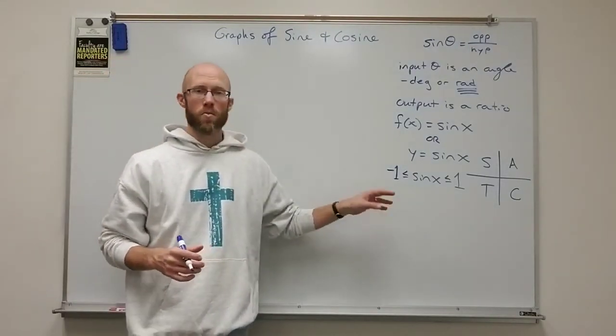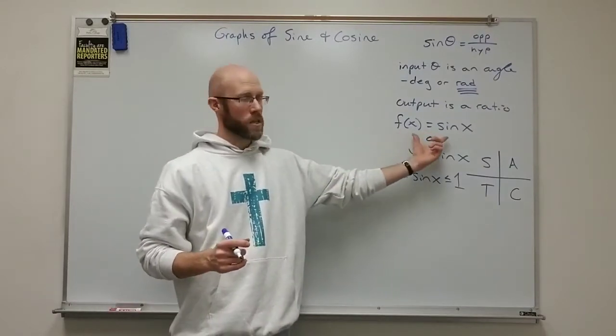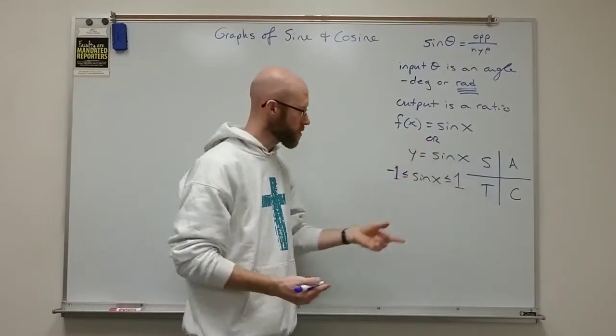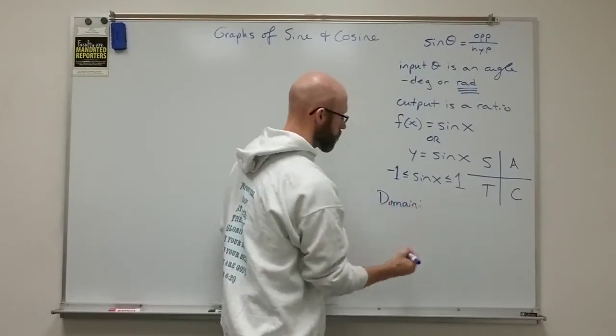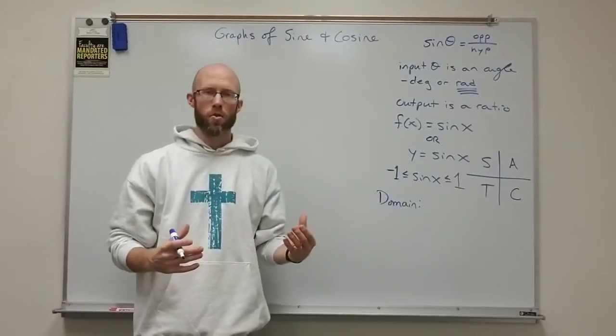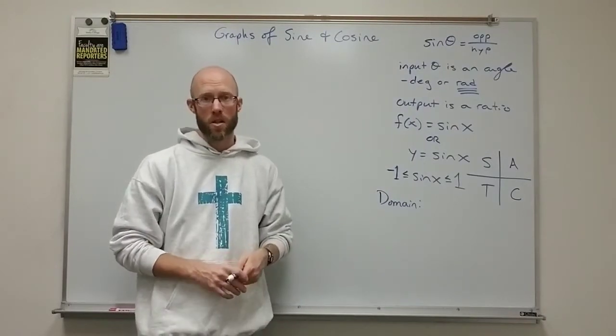And for that reason, we now have an idea of a domain and a range for these functions. Remember, the domain is all of the values that you could plug into a function. It's all the x values essentially.